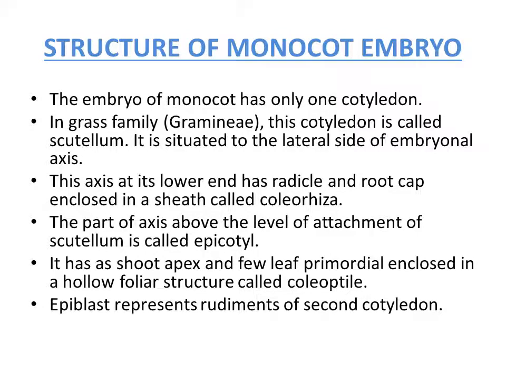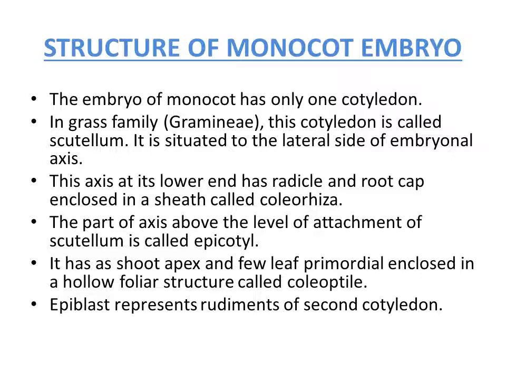Structure of monocot embryo. The monocot embryo has only one cotyledon. In the Gramineae family or Poaceae, the cotyledon is called the scutellum, which is situated at the lateral side of the embryonal axis. The lower end has the radicle and root cap, which is enclosed in a sheath called the coleorhiza.